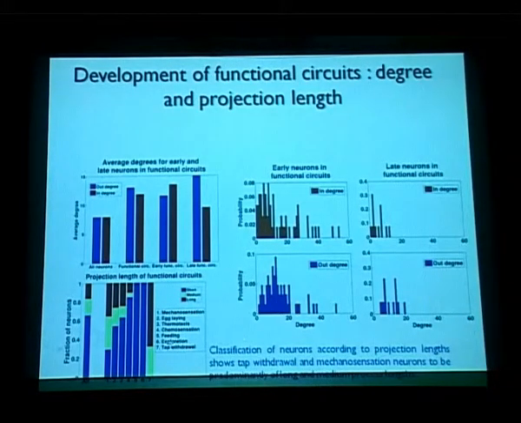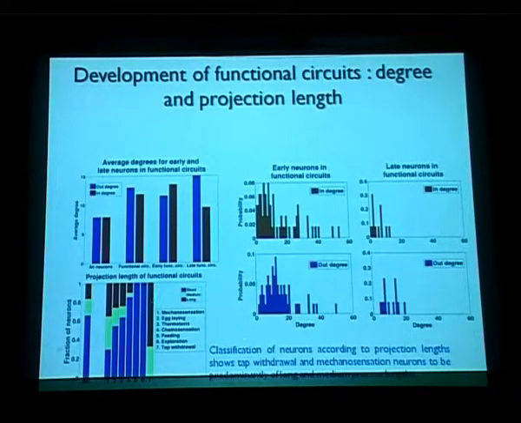And when we do that, we find that tap withdrawal and mechanosensory circuits have neurons which are predominantly long and medium processed neurons. This is the one, if you just average out, so you can see what the huge differences are. In fact, if you average out, you can see that most neurons are ones with short processes, with medium and long process length neurons being almost equal in fraction.